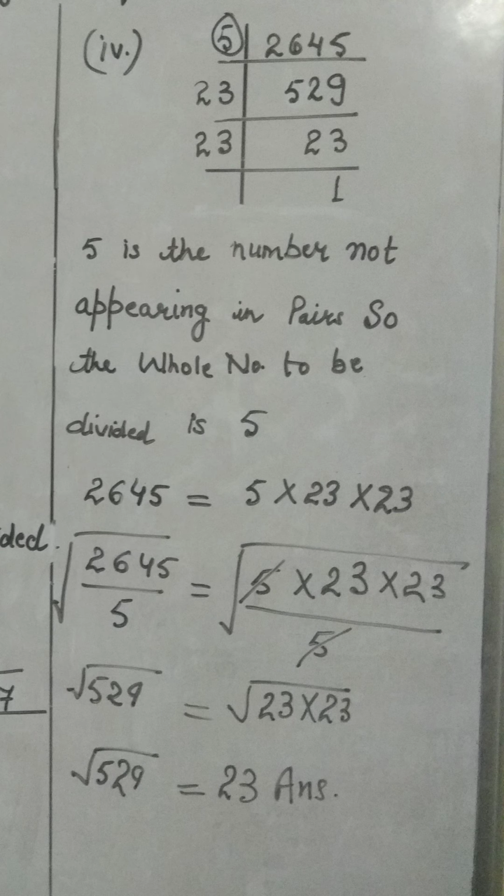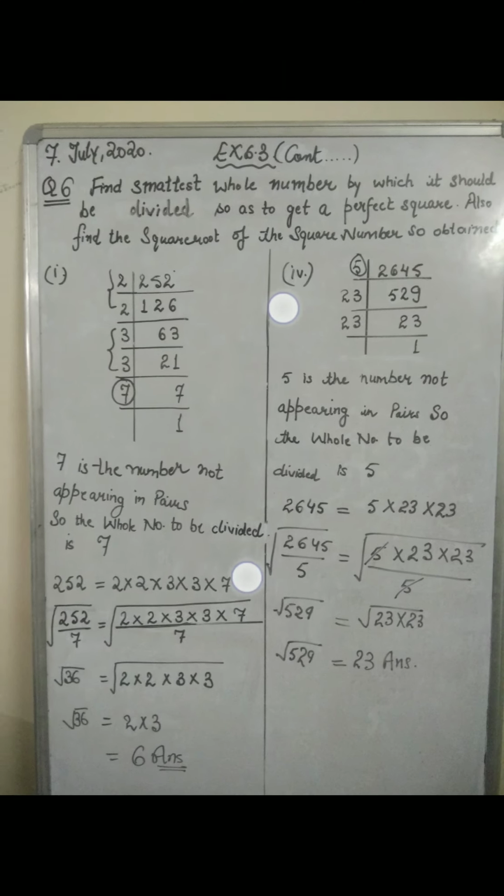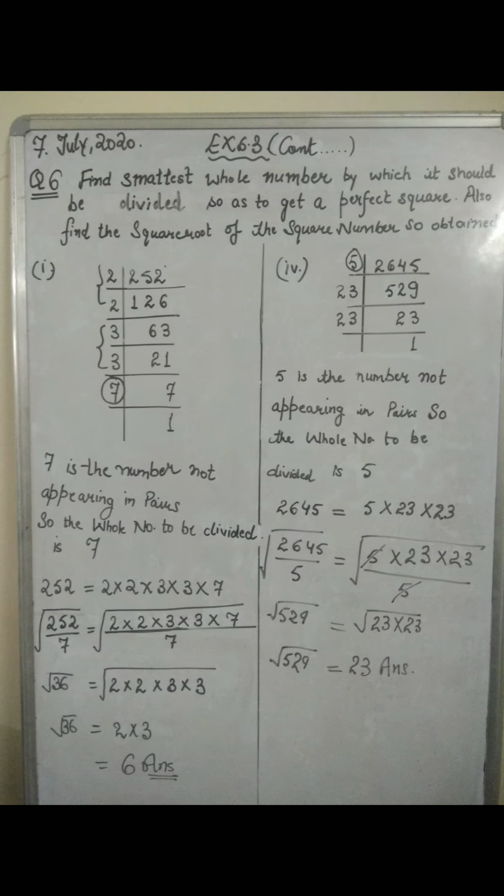On the left hand side, it is root 529. On the right hand side, 5 and 5 cancel out. You are left with root 23 into 23. Since it is appearing in pairs, you will write a single 23 on the left hand side. So root 529 is equal to 23. The rest of the parts of question number 6 you will do on your own.